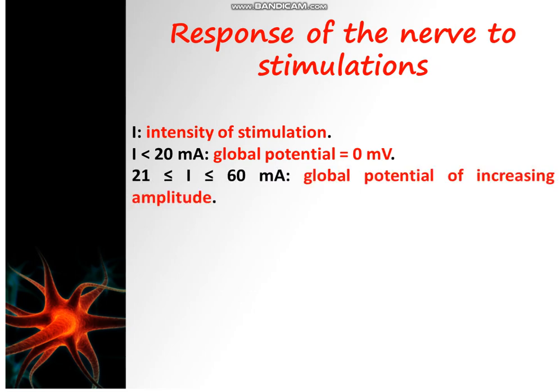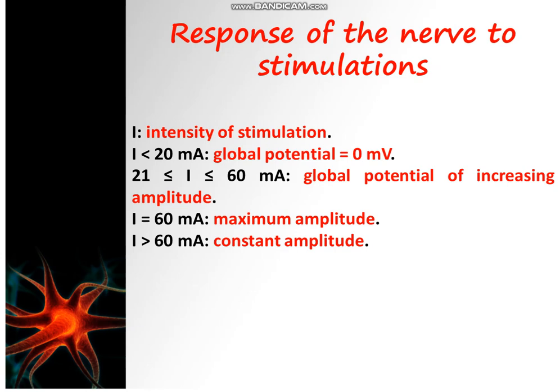For intensities greater than or equal to 21 milliampere and less than or equal to 60 milliampere, we obtained a global potential of increasing amplitude. At the intensity equal to 60 milliampere, we obtained the maximum amplitude. And finally, for intensities greater than 60 milliampere, the amplitude remained constant.